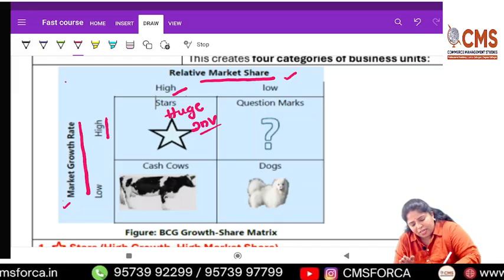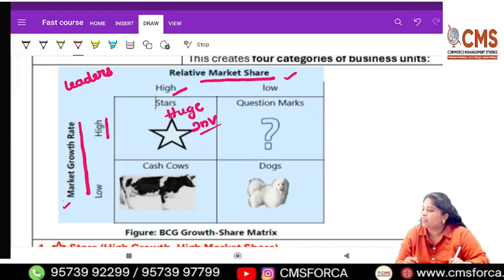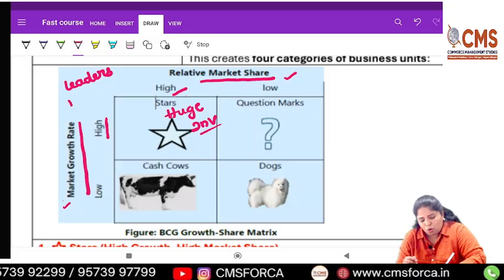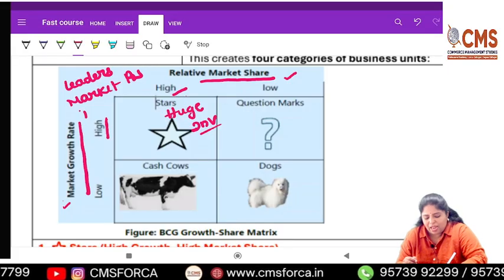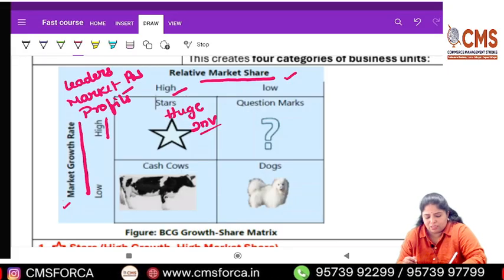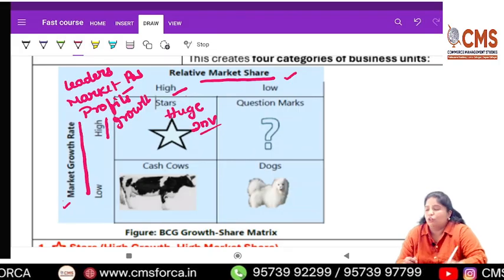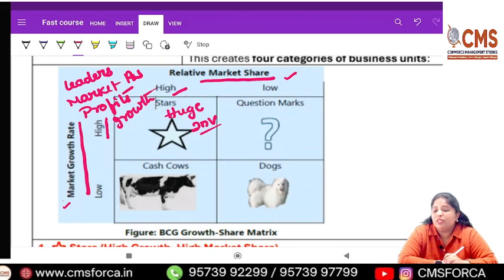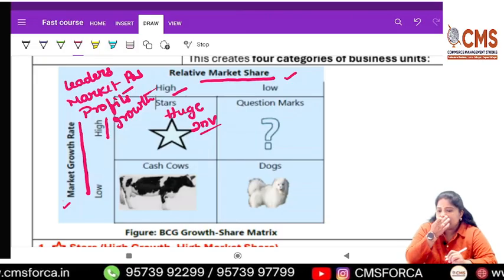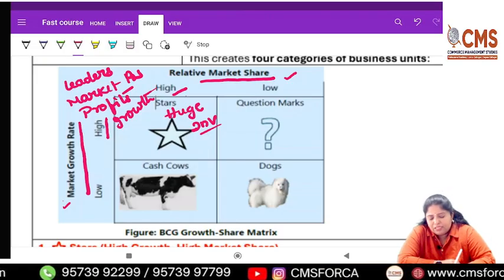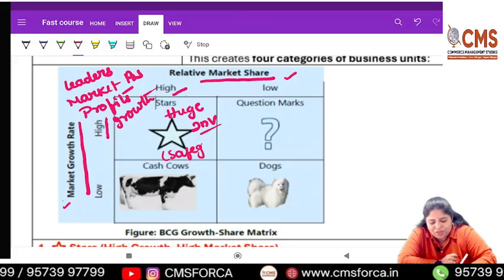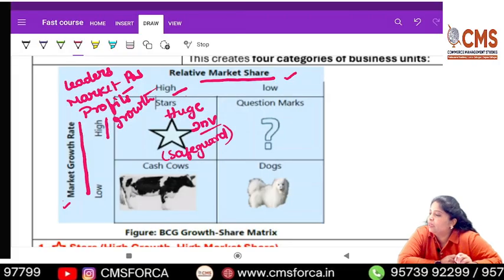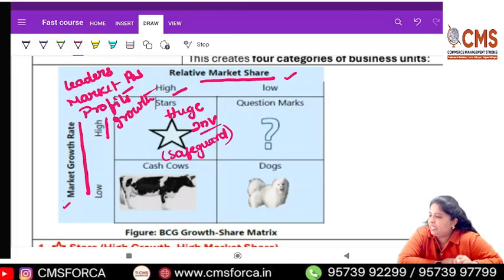They are already clear leaders in the market, with good profits and good growth. Everything is good with them. But the only concern is they need huge investments to safeguard and sustain the market position they have attained.